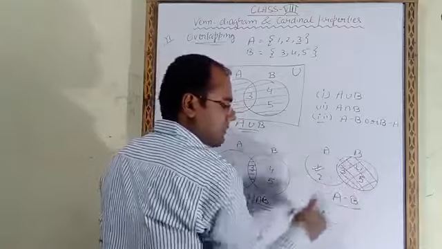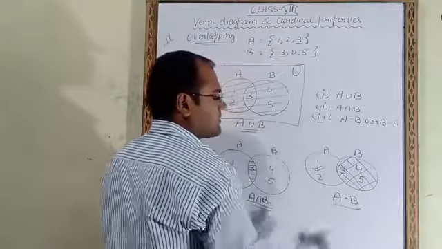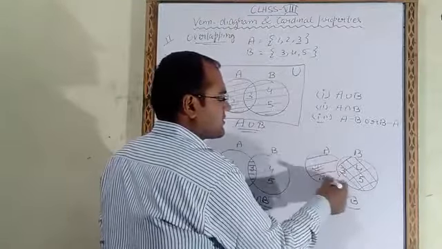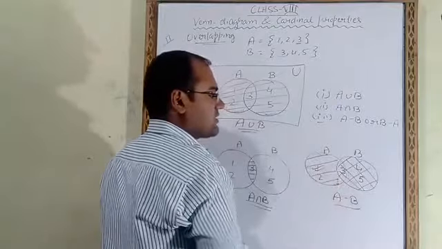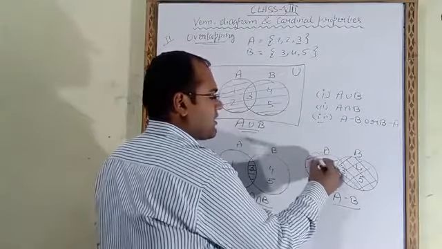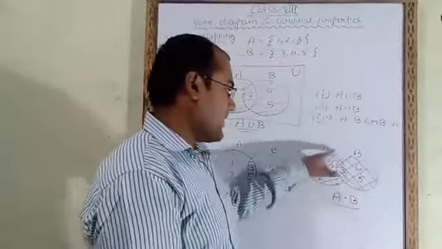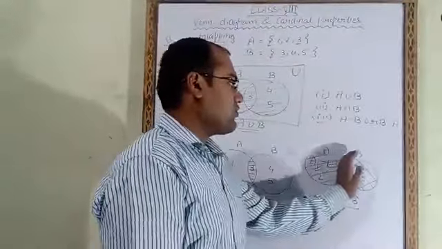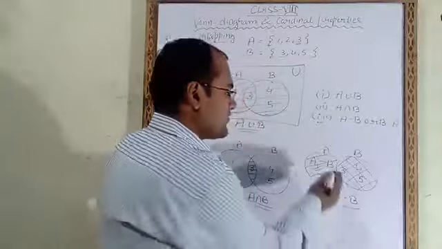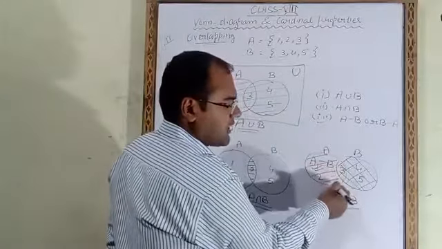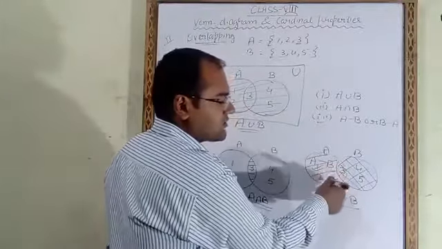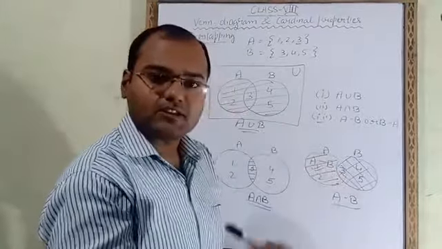We will take this part. So A minus B is this much part. A minus B means from the A circle you have to remove this B circle. So which part is remaining? This red part which I have shown with the red color. This much part will come in A minus B.